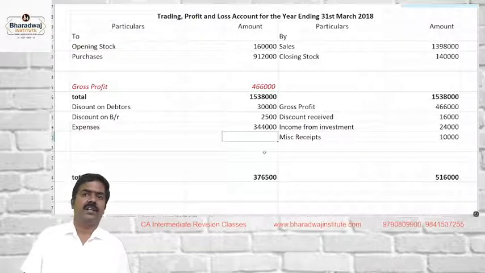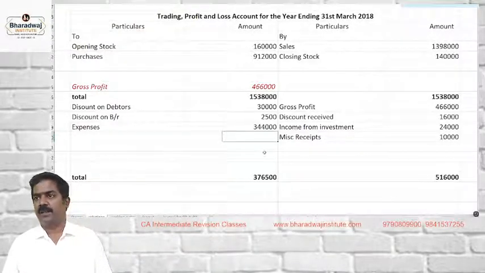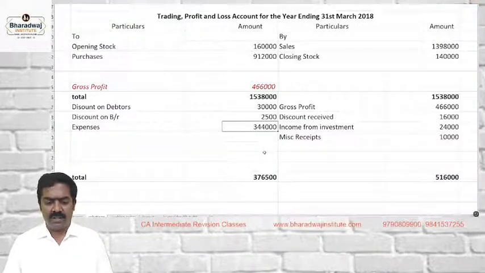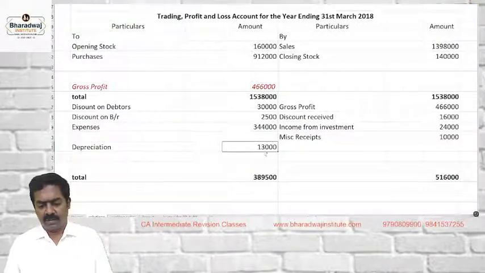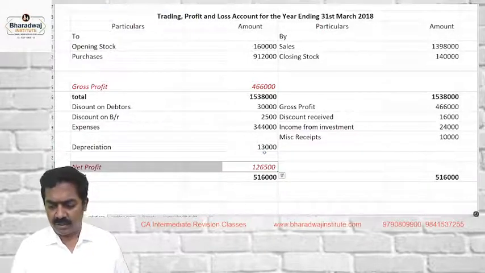Already we have done a similar problem like this. Furniture, opening balance plus purchases minus closing balance will give us what? Depreciation, 13,000. Tally this, sorry, this one is 12,000.